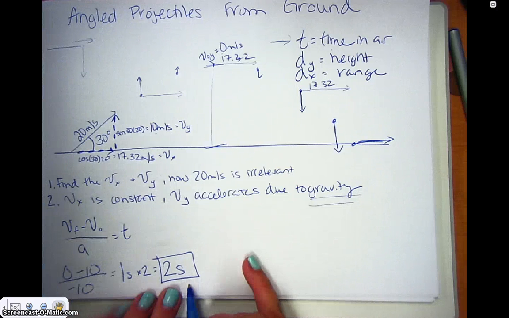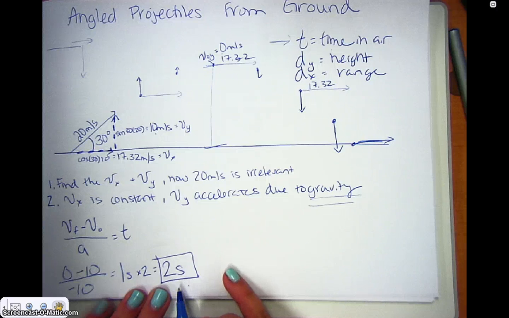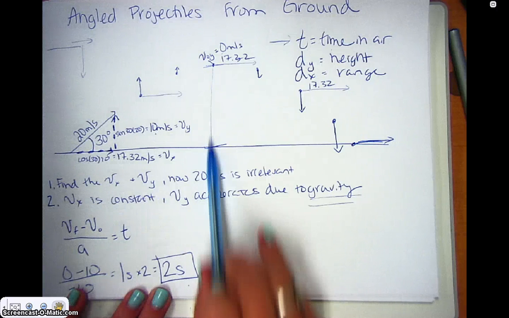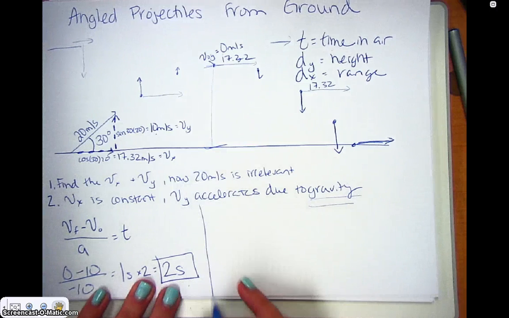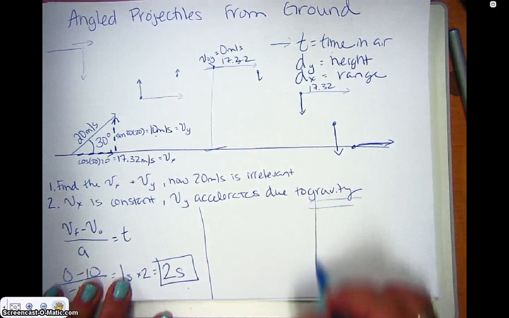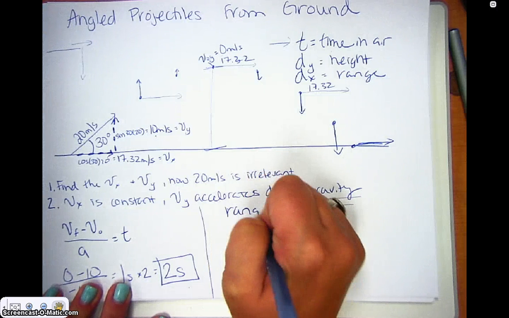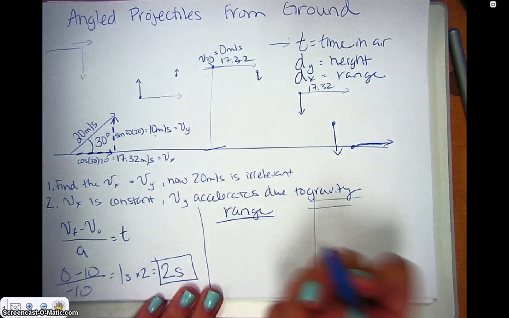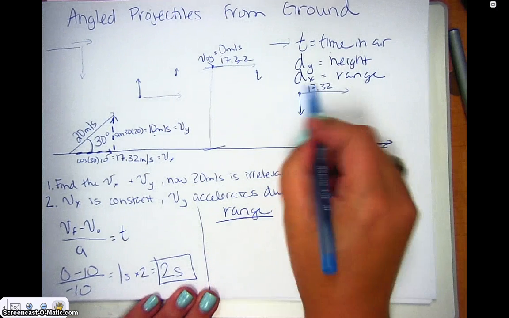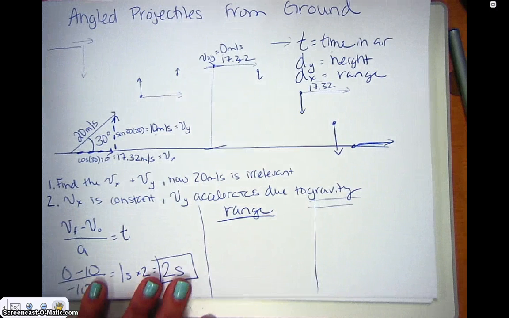Right now, I know that 2 seconds is how long something is in the air, both vertically as well as horizontally. So let's do the next part, I'll solve for range next. Range is going to be dx, and remember that in the x direction, my velocity is constant.